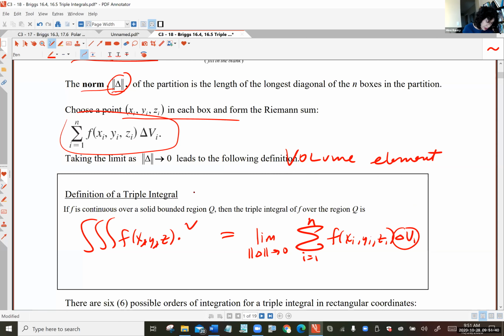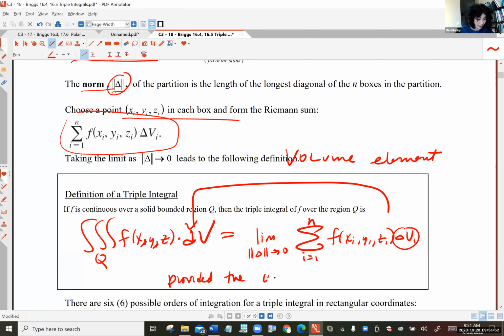The generic volume element is just dV. Your region of integration is a solid, Q. This is, of course, provided the limit exists. It has to be integrable, and it might not be if you've got some really bizarre surface that isn't integrable on that solid.